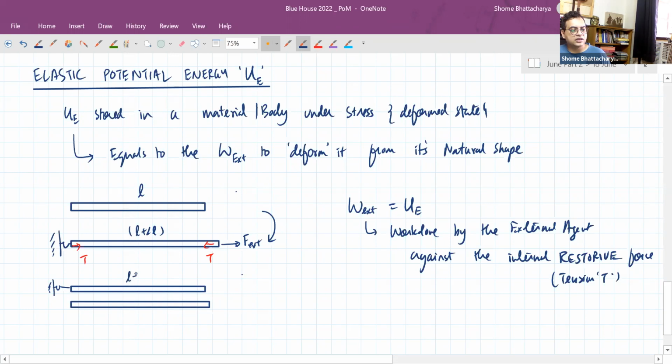So at this point of time it was L plus x, whereas now it is increased by a small amount dx. In this situation, we can see that stress upon strain is equal to Young's modulus.